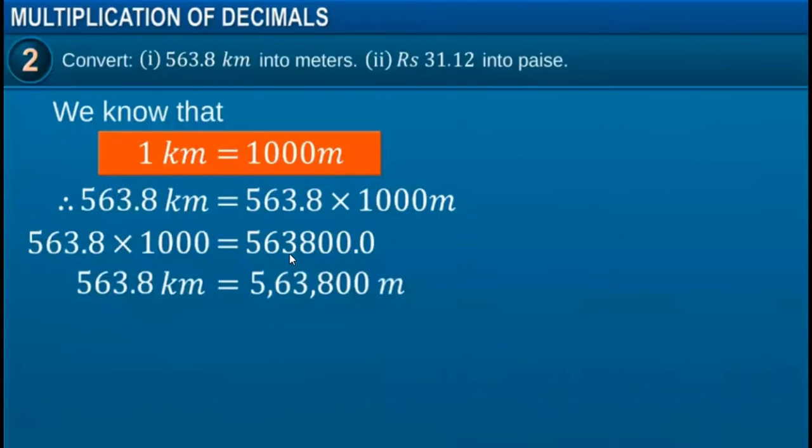That is why it is 5, 6, 3, 8, then 2 zeros, and after that the decimal point. Okay, so this is how you do the multiplication with 1000, and the final answer we got is 5,63,800 meter.